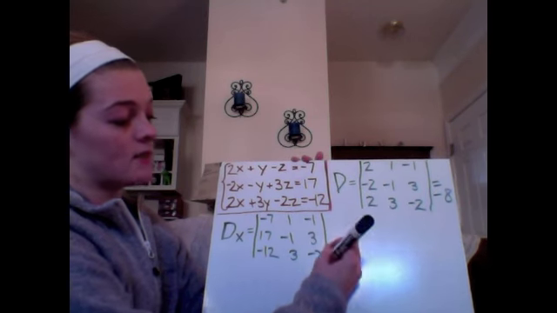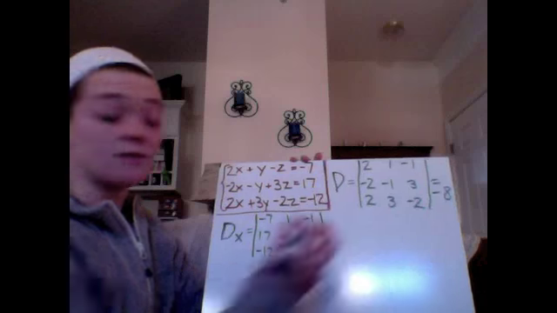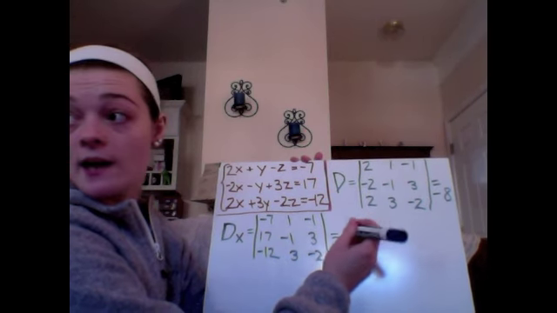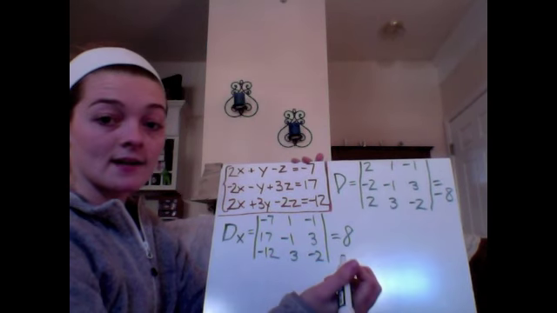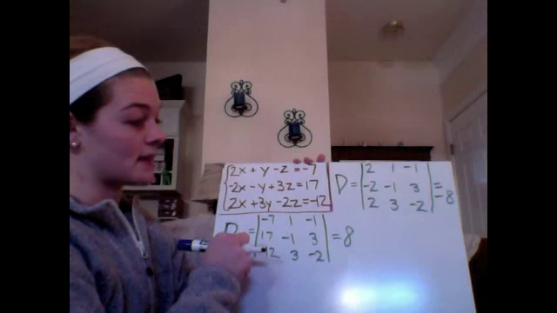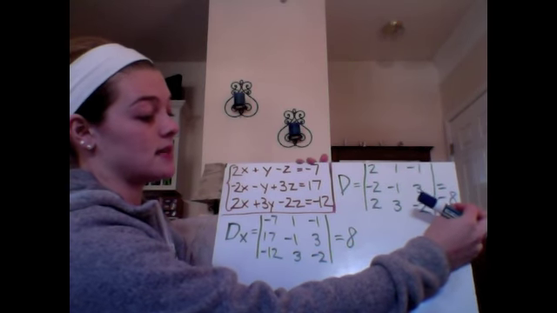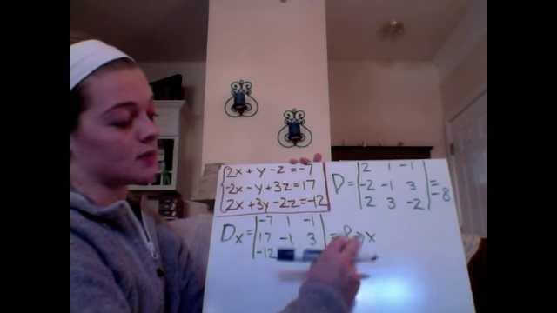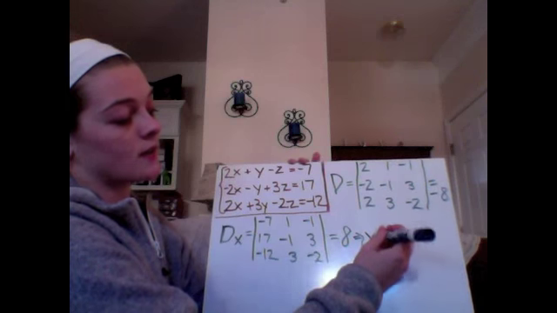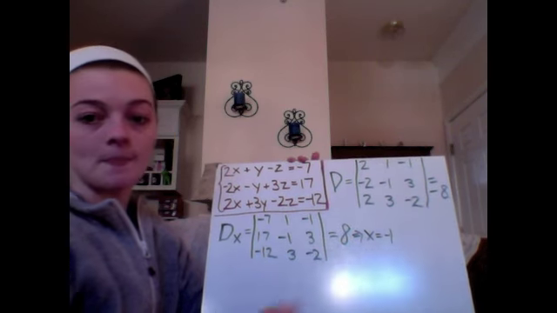If you calculate the determinant for Dx, you find that it is equal to 8. If you recall, x is equal to Dx divided by D. Therefore, x is equal to 8 divided by negative 8, so x is equal to negative 1.